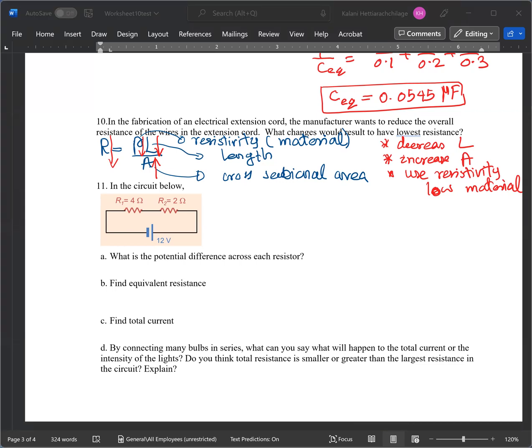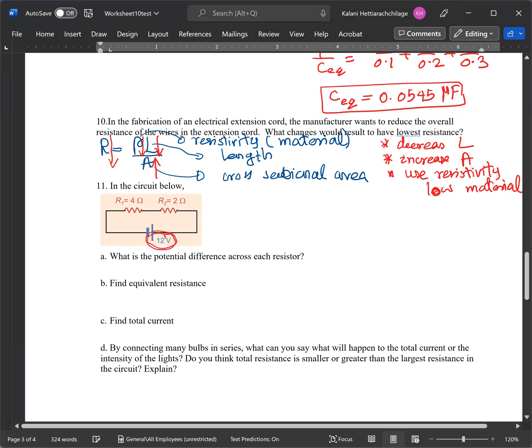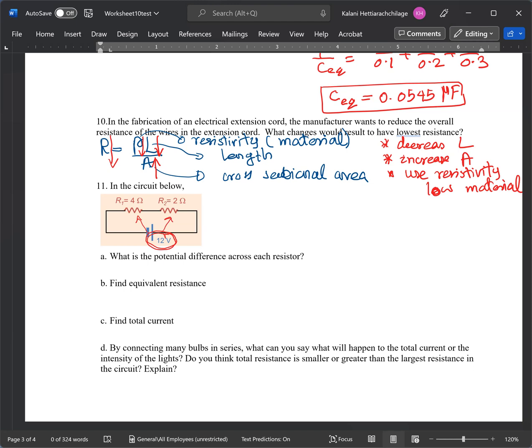So now those questions can be done in different ways. But the important thing you understand is these two have series resistance, and this 12 volt is the maximum voltage of the circuit, that 12 should be distributed to this and this, not equally, because they have different resistance, right?